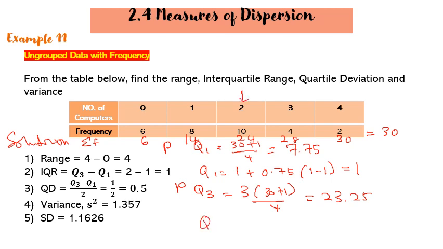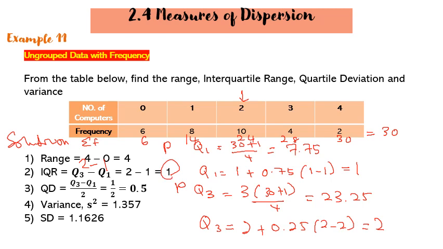Okay, the value of Q3 is 2 plus 0.25 times (2 minus 2), we get 2. So Q3 equals 2, minus Q1 equals 1, the IQR is 1.